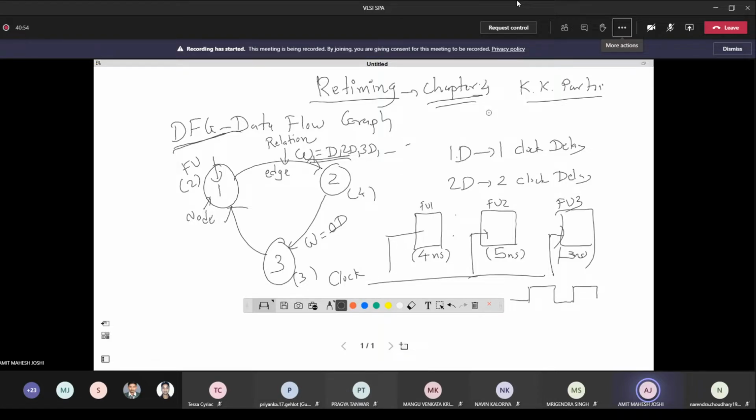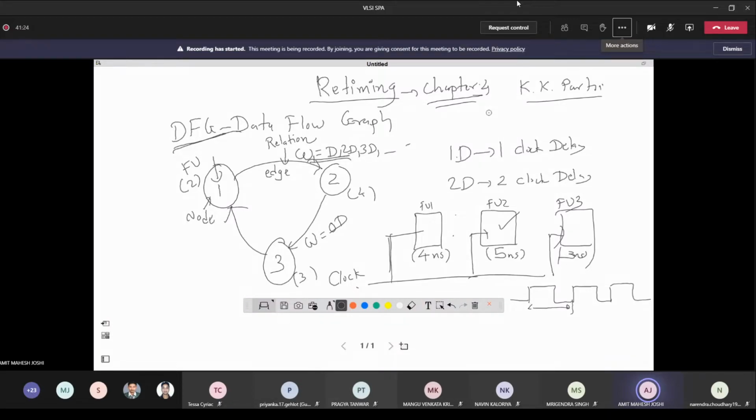When I want to define the clock period of this system, the clock is common, so I need to take all 3 blocks into consideration. Looking at functional block 2, which requires the maximum time, how much time does it require? 5 nanoseconds.